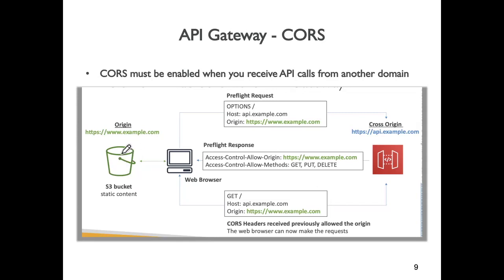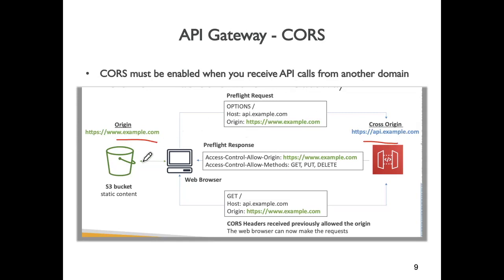On the left, let's suppose our client is a web client, and its domain name is that. And on the right, let's suppose we've got a web API, which we create using API Gateway, and its domain name is this. So there are two different domains.